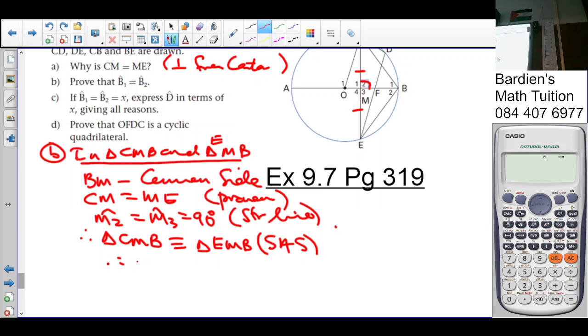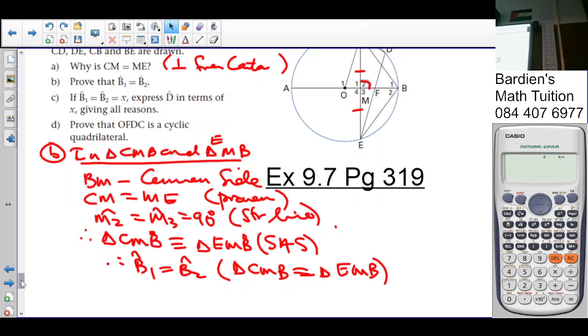Therefore, B1, that angle here, is equal to that angle. B1 is equal to B2. Why? Because triangle CMB is congruent to triangle EMB. You don't have to say this in this setting, but you'll see me say it all the time. So that's that.